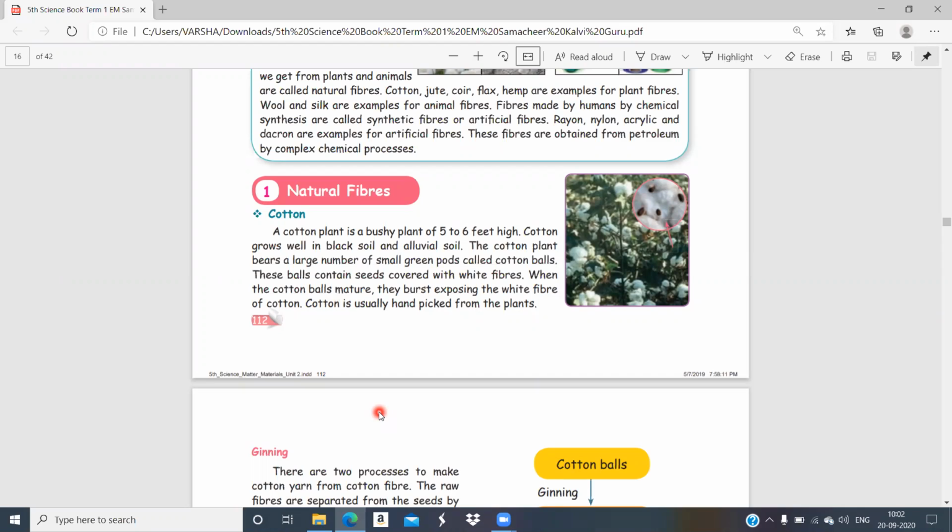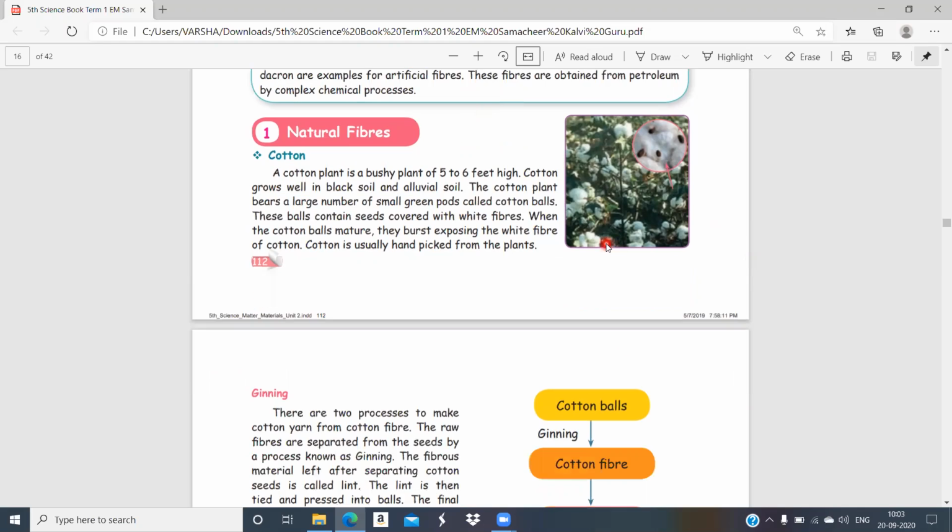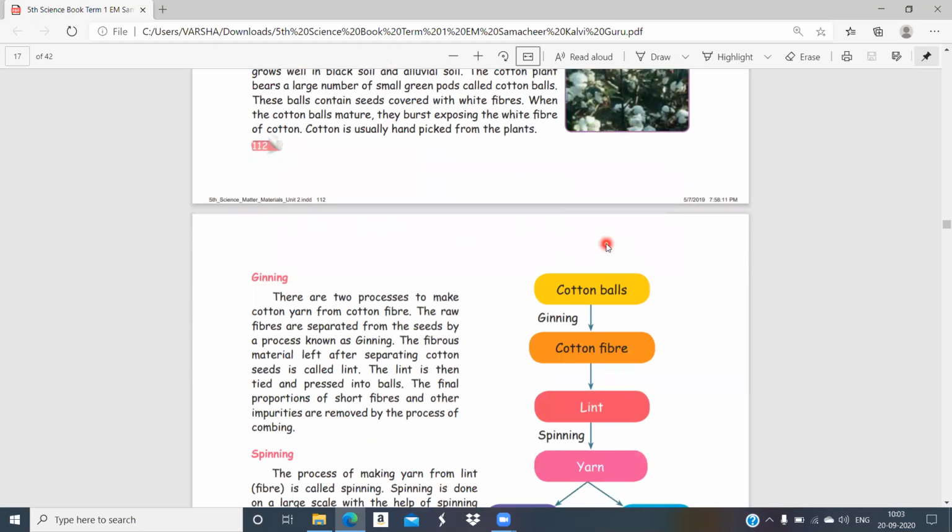It grows well in alluvial and black soil, and is found mainly in Maharashtra. There are a large number of green pods, which first are green. When they burst, the white fibers come out, and we can take the fibers like cotton.